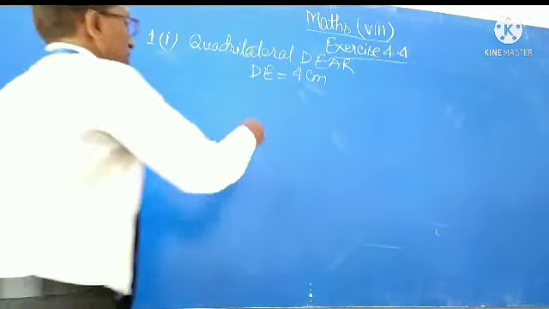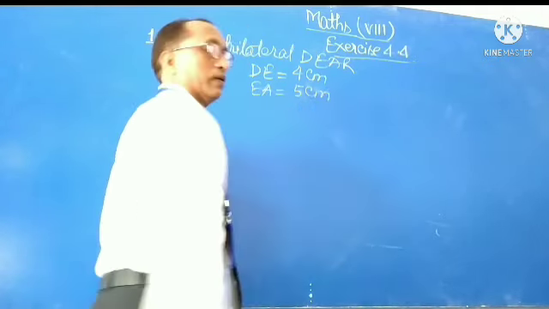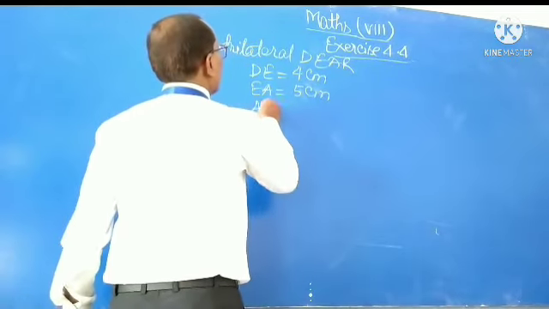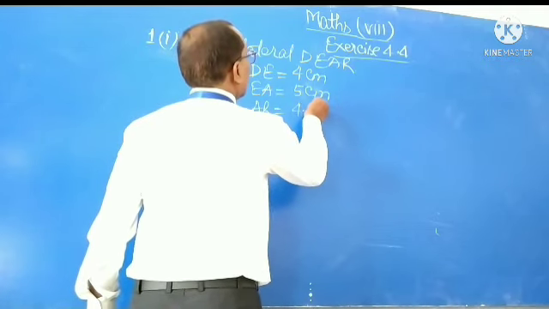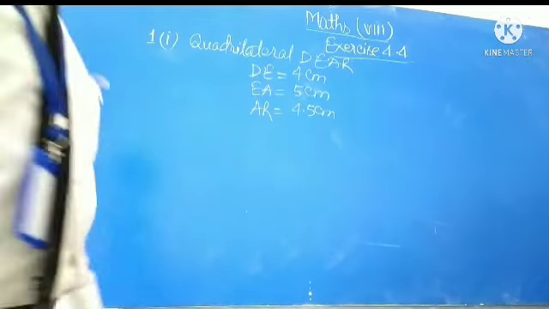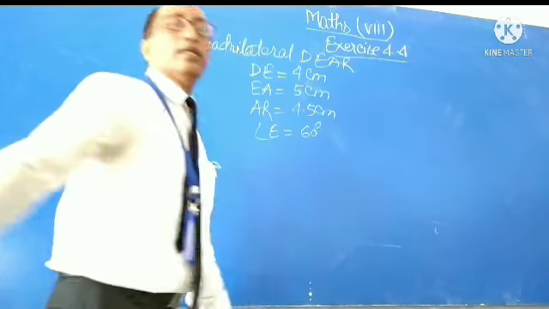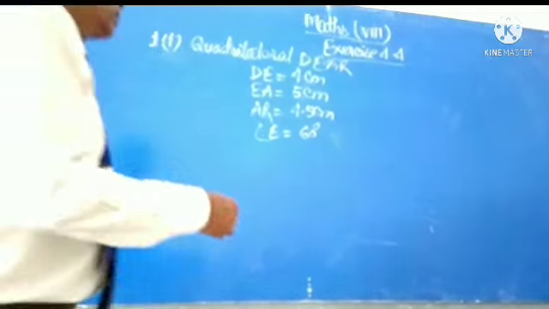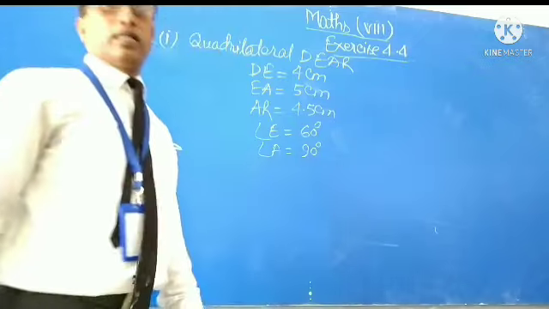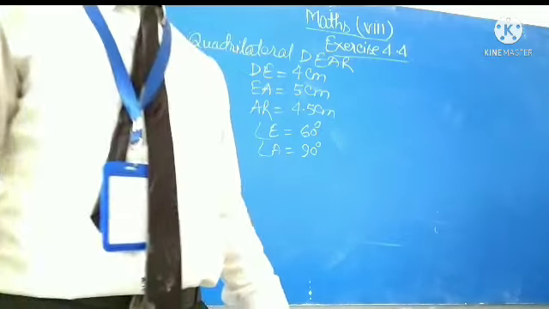EA is equal to 5 centimeter. AR is equal to 4.5 centimeter. Angle E is equal to 60 degree. Angle A is equal to 90 degree. These are the given measurements by which we want to construct quadrilateral DEAR.